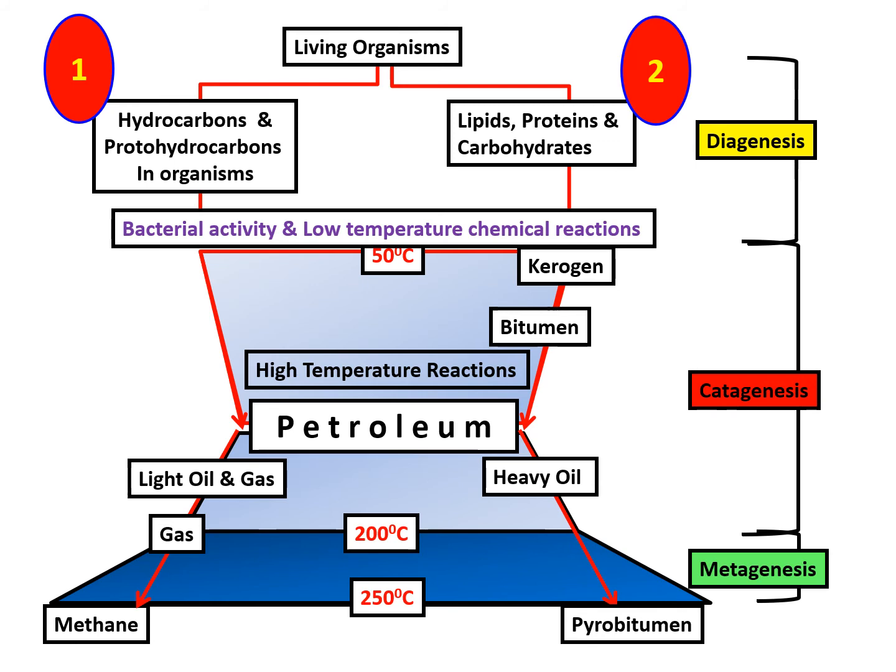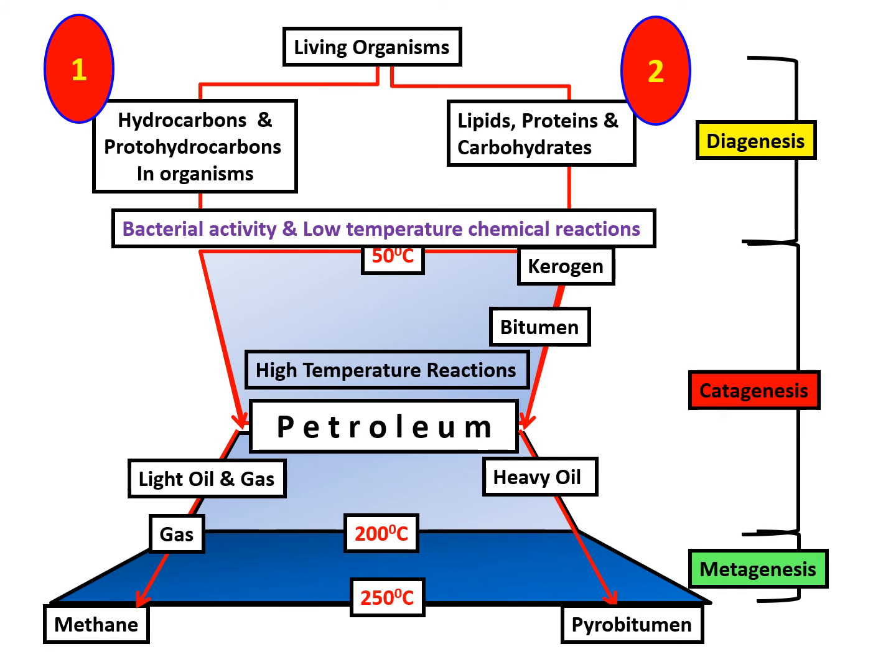Okay, for the second pathway on the right, most of the petroleum, about 80 to 90%, has been formed along this way. This generation involves the conversion of lipids, proteins, and carbohydrates of living material into the organic matter of the sedimentary rocks.